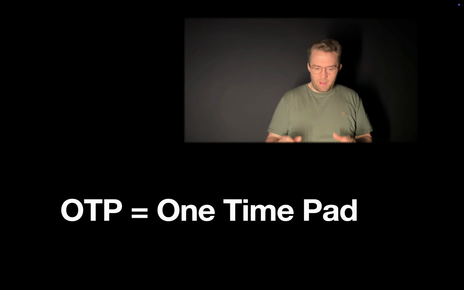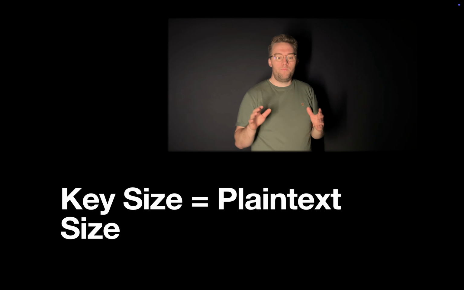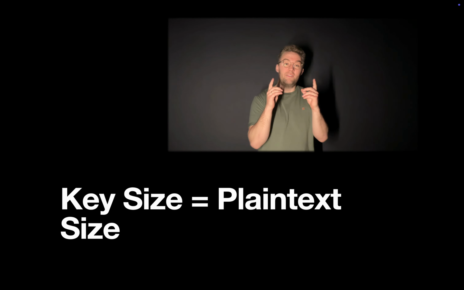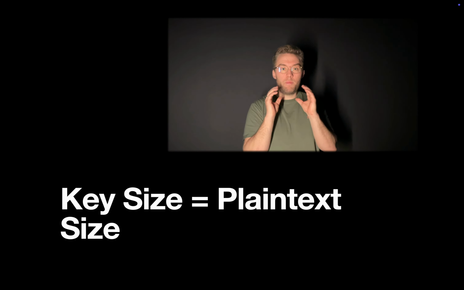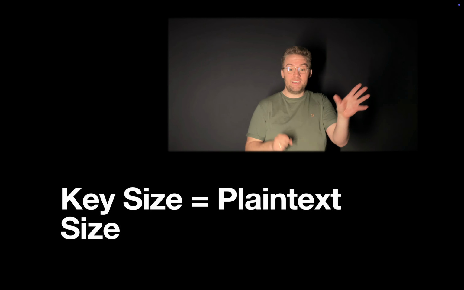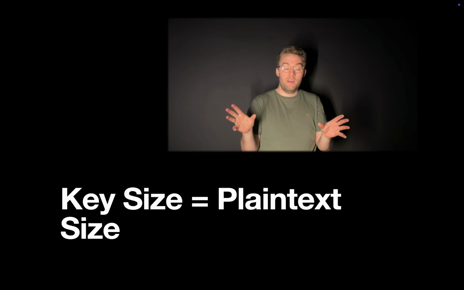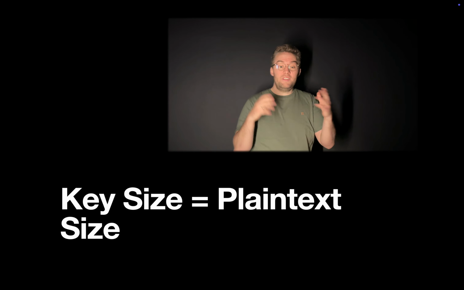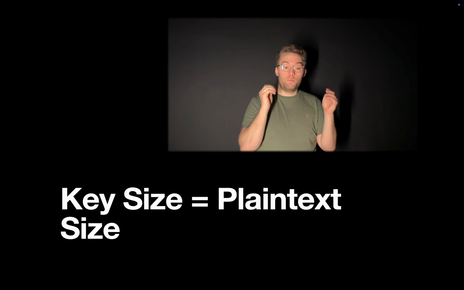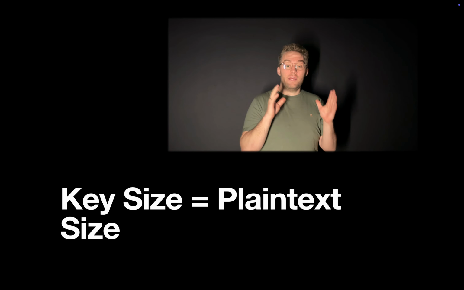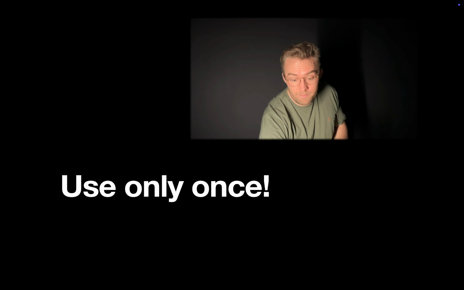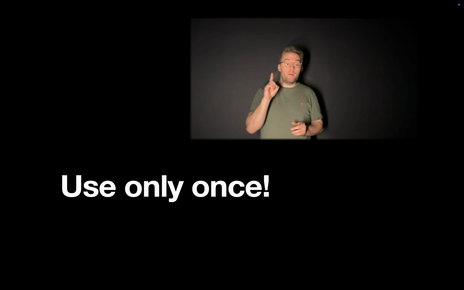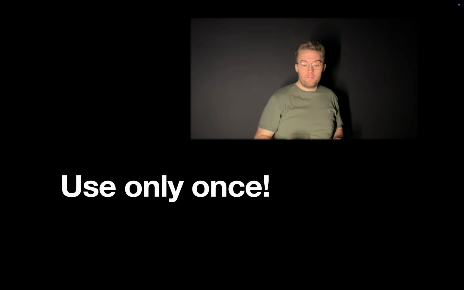And this is a very secure encryption method. One of the things that makes it secure is that the key size is equal to the plain text size. So attack at dawn has to be the same length as the key. And it's very important that we only use the key once.